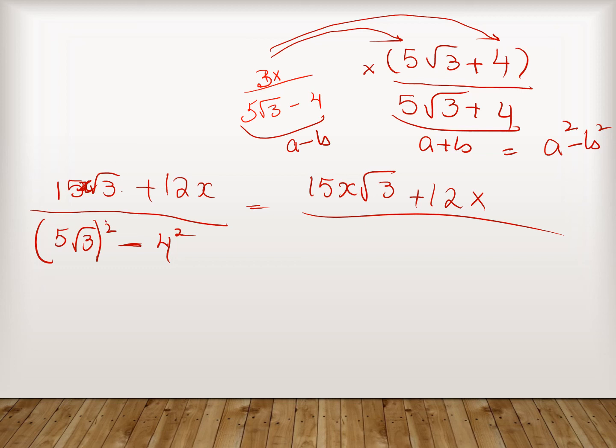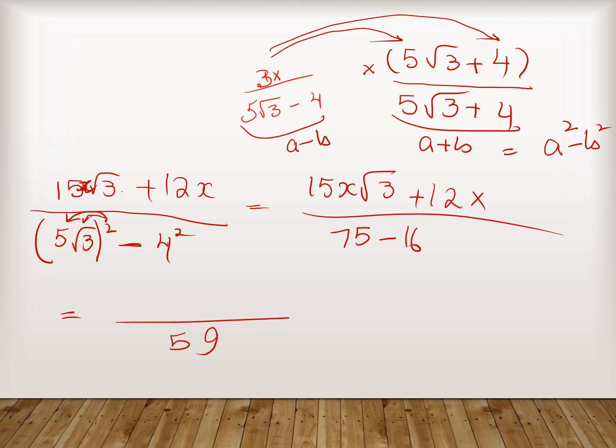Otherwise, the square goes on the 5 and also on square root of 3. So you will get 75, minus 4 squared which is 16, so 75 minus 16 gives 59 in the denominator.